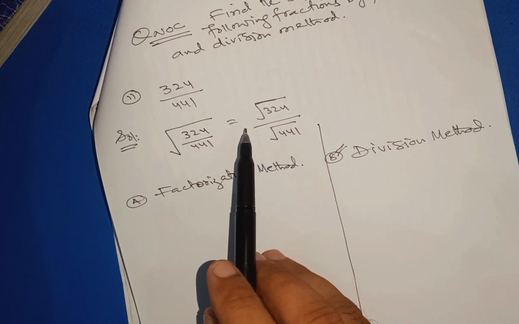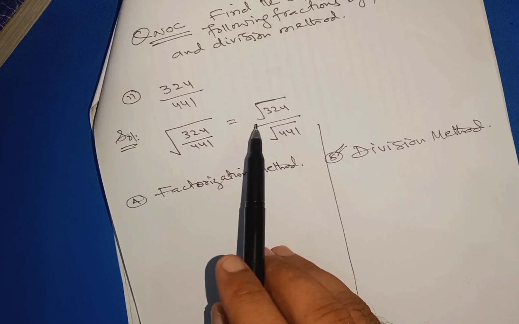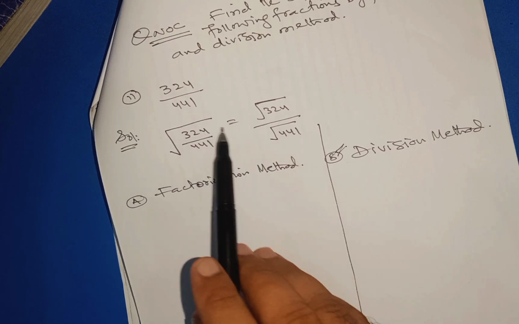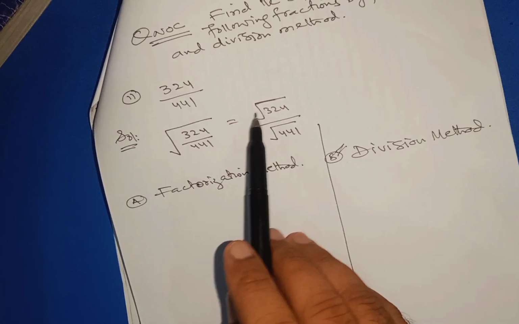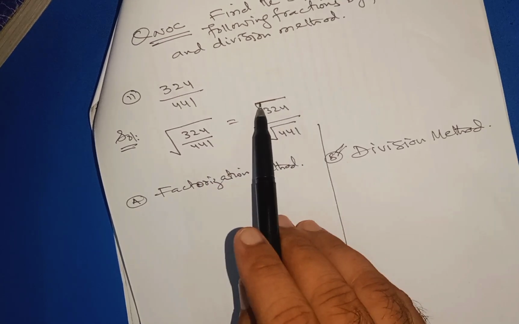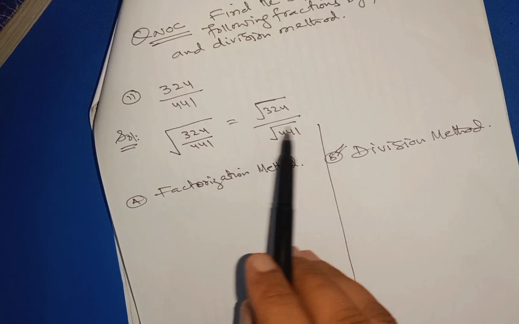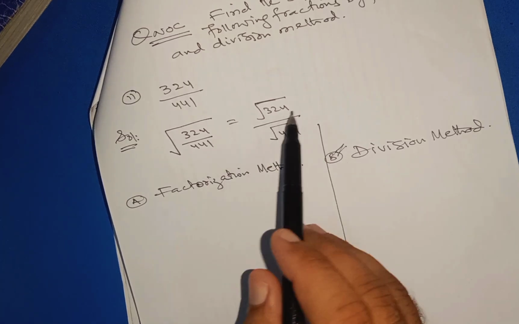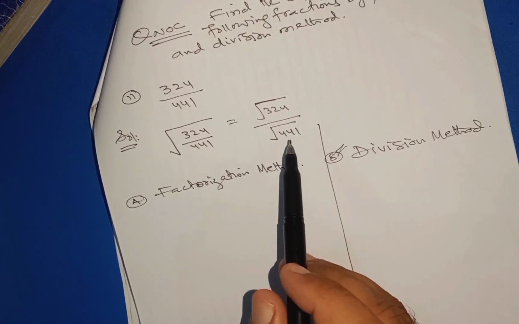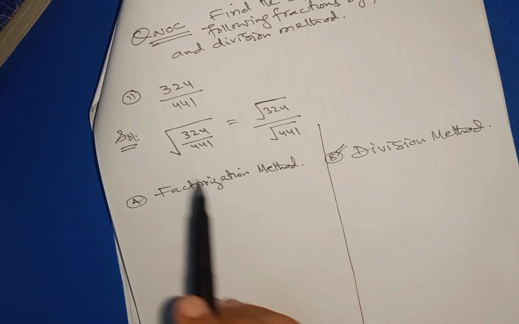And then the next step is, you are allowed to separate this fraction into numerator and denominator. You can put this radical sign separately on the numerator 324 and the denominator 441. I did this to make it easier to understand.